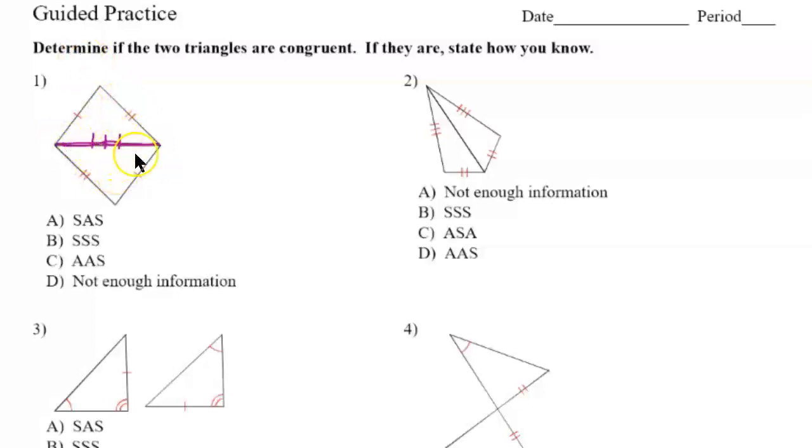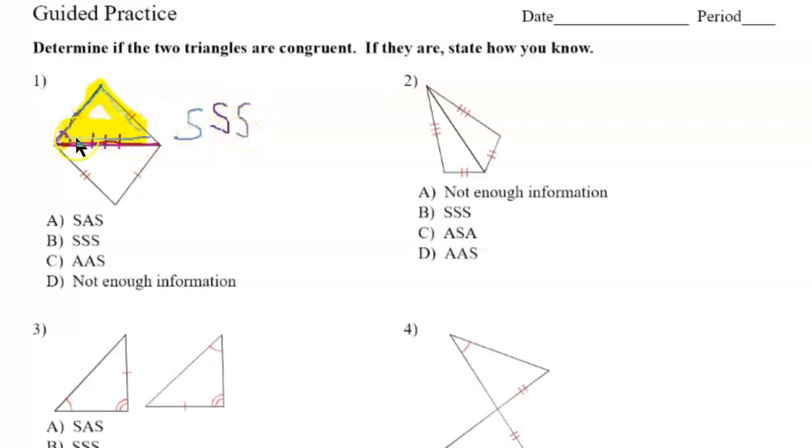I can choose a side, and I want to do this in order. Let's say I start for this triangle right here, in this corner. So this is going along the single tick mark, then across the double tick mark, and then across the triple tick mark. So in that order, I know a side followed by another side, followed by a third side, or side, side, side.